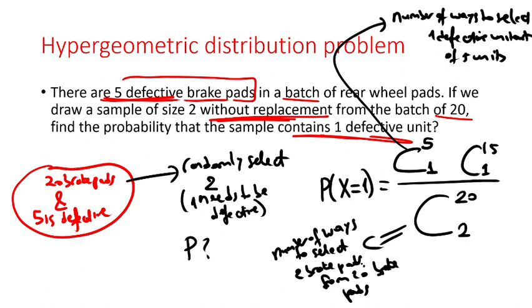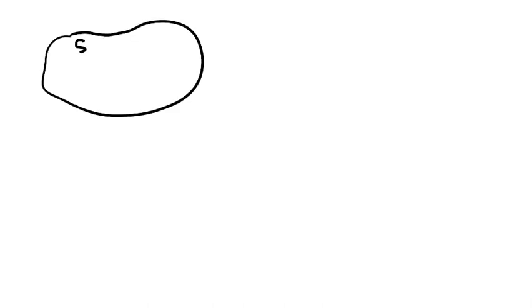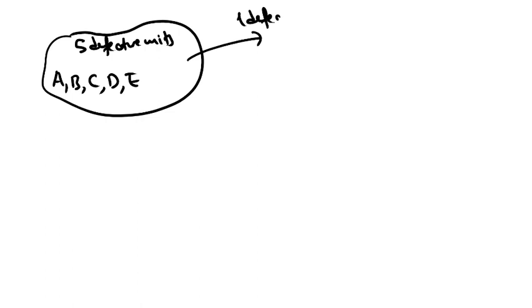Let me show how this number of ways works. Say that I have 5 defective units, A, B, C, D, and E, and I'm selecting one defective unit.